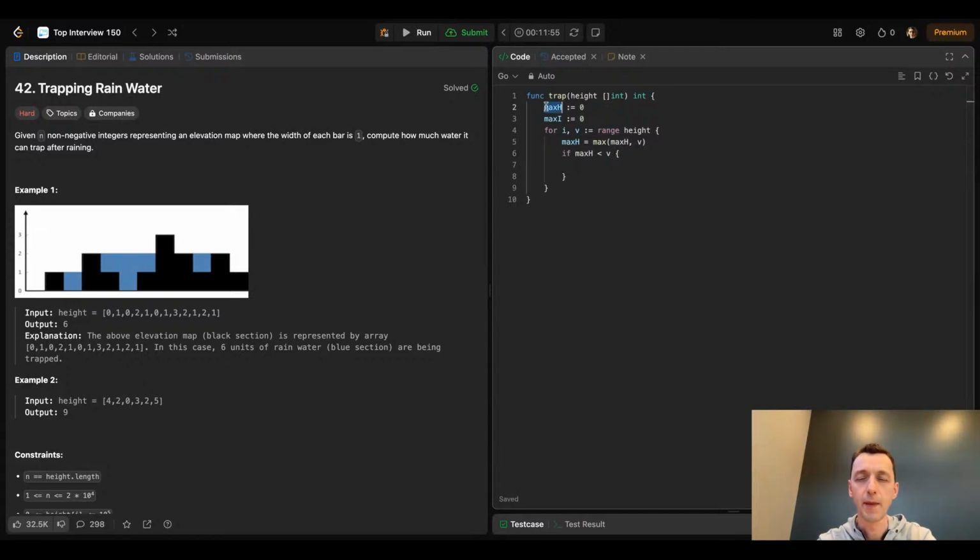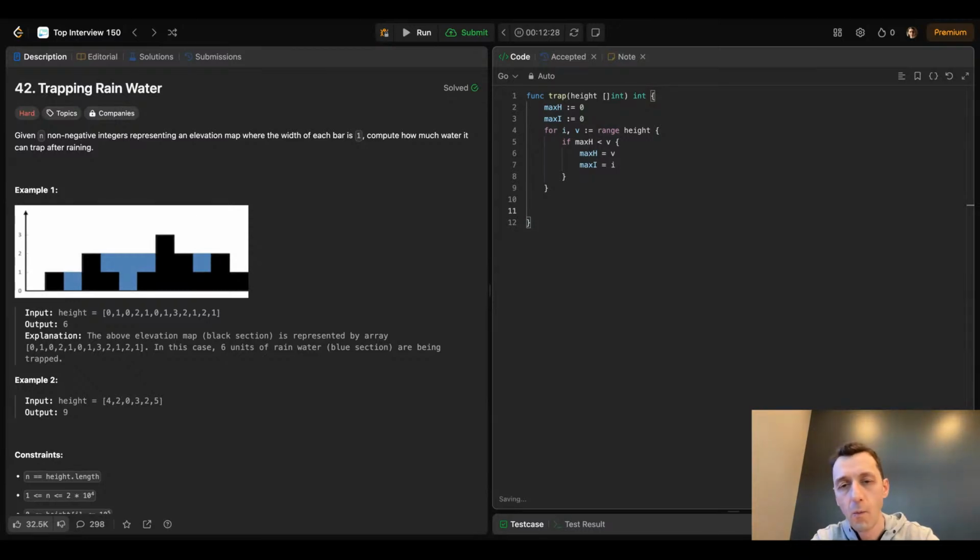We'll set max h to h and max i to i. Now we know which wall is the highest, the first of the highest ones, because we only update it when we see something bigger, but that's fine.